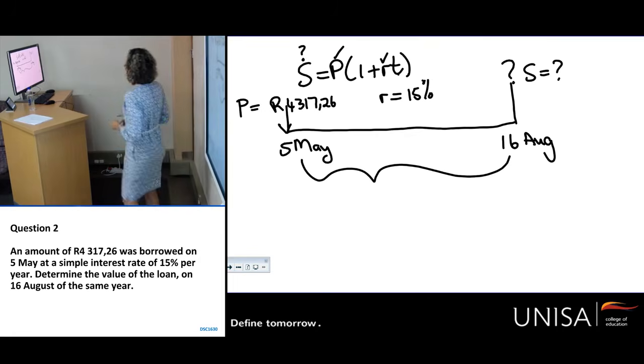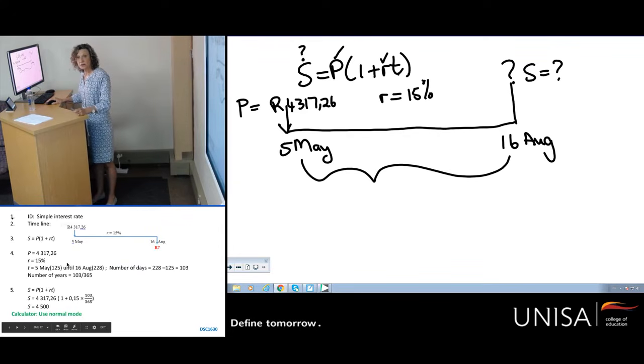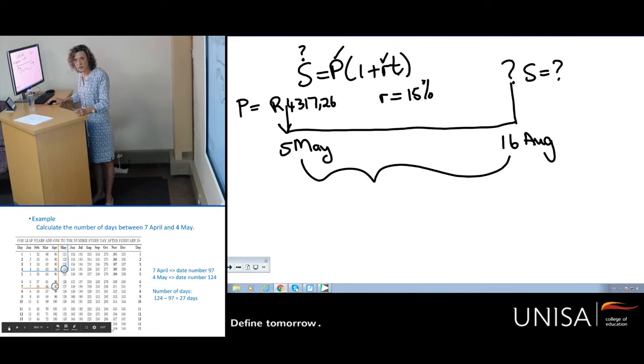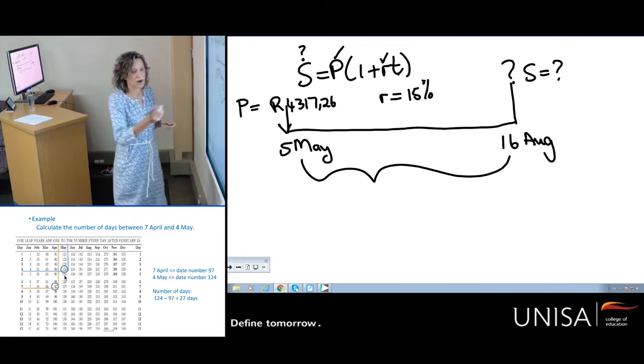So what's lovely is I can make use of my date table to calculate T. Now, if you go back, let's see if we can find, there's the date table more or less. If we look at the 5th of May, there's May, and there's the 5th, the value is 125, right?